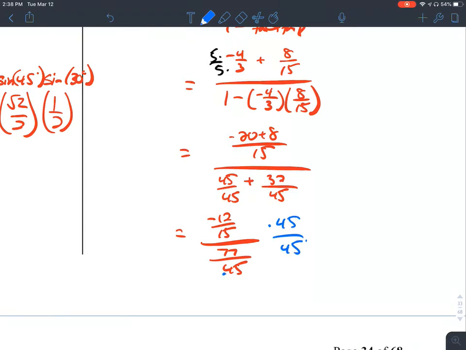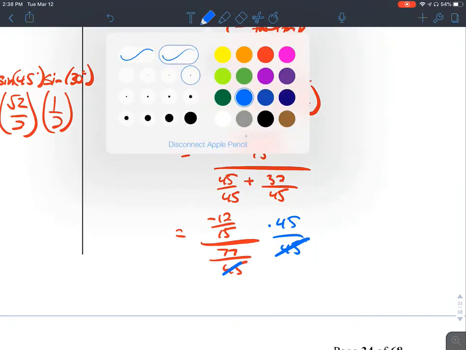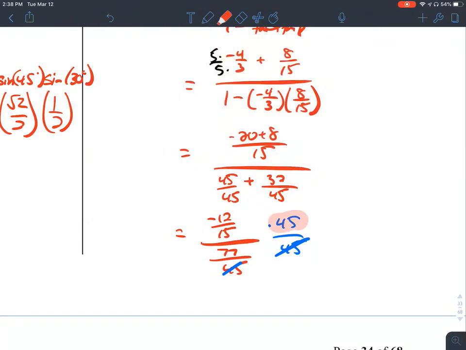The reason I'm choosing that is that these 45s cancel. And then 45 into 15: 15 goes into itself once, and goes into 45 three times. So we are left with -36 on the top, that's -12 times 3, and 77 on the bottom. That does not reduce. That is what tangent of alpha plus beta is. Cool.